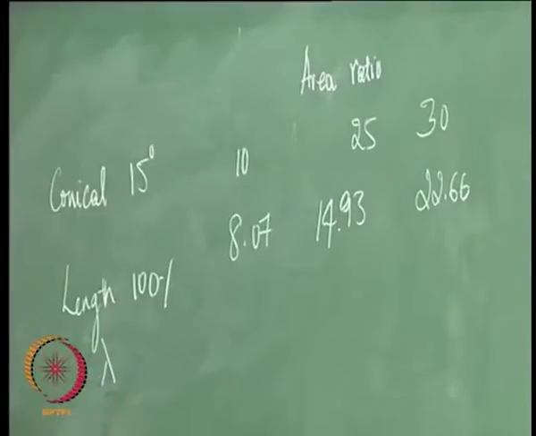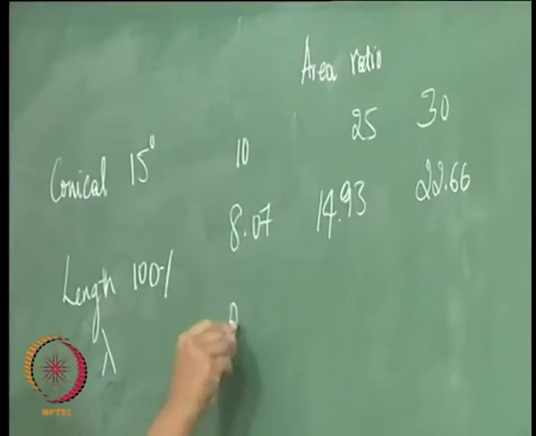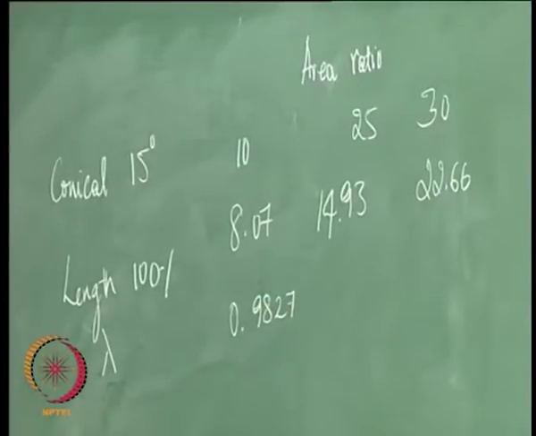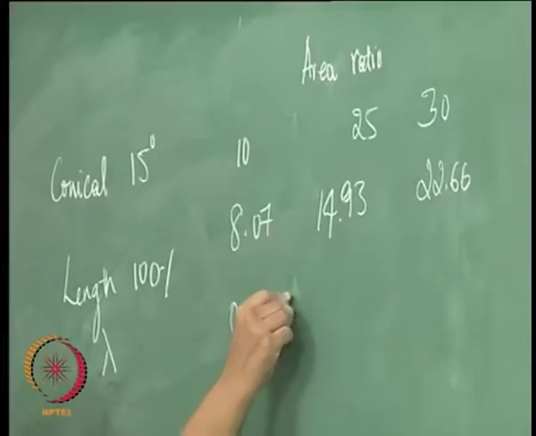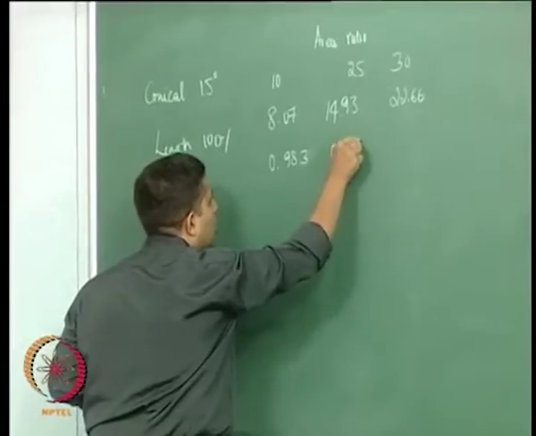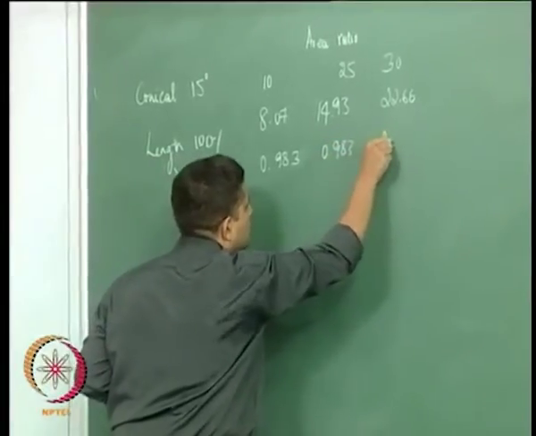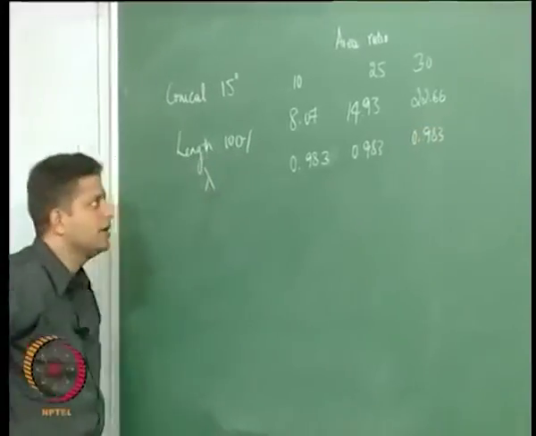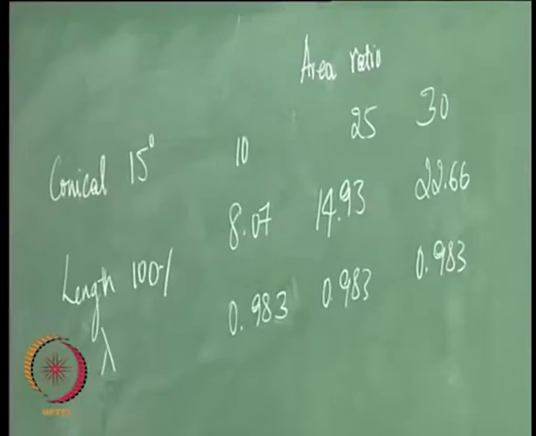And the lambda would be 9. Okay. This lambda here would be constant.